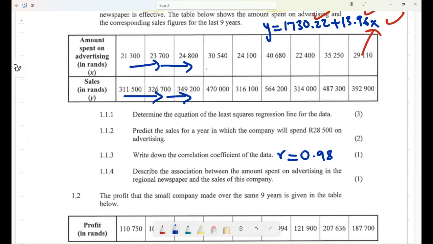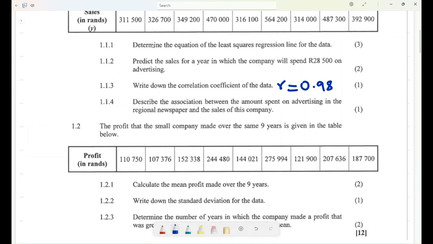It decreases once, which we expect, and then it returns to increasing again. So the relationship is directly proportional, but that's not how we say it in statistics.